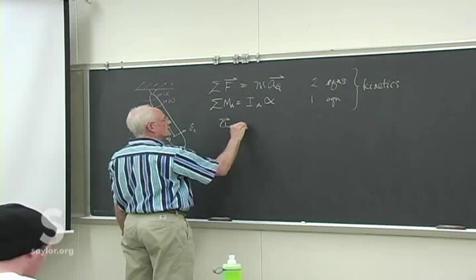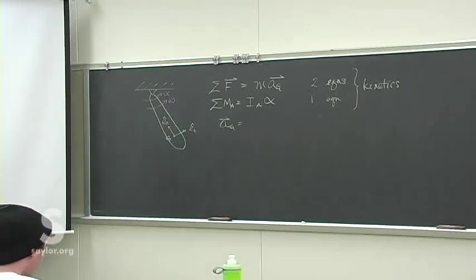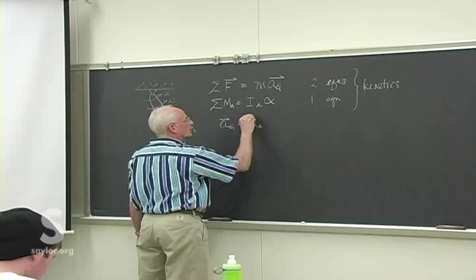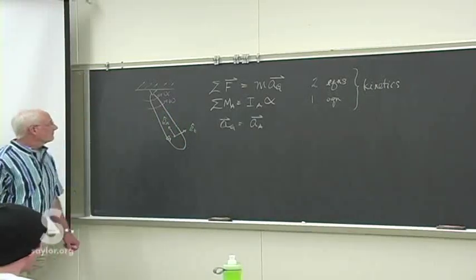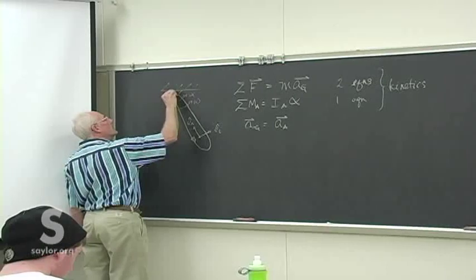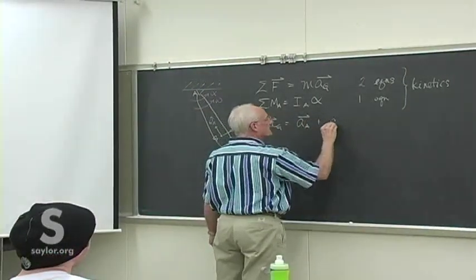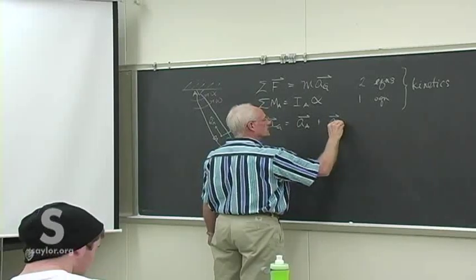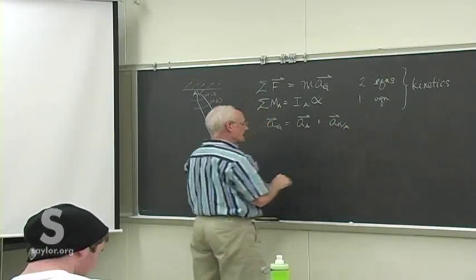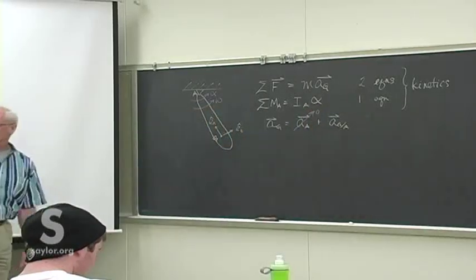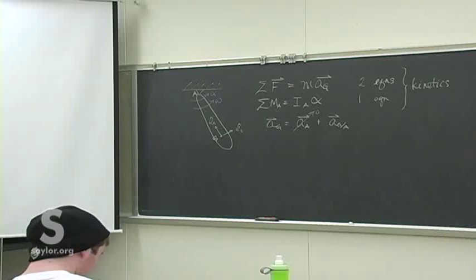For example, the acceleration of the center of gravity will be relative to the acceleration of point A, if point A is the pivot, plus the acceleration of G relative to A. But in pure rotational motion, like we're looking at today, that pivot point doesn't accelerate.